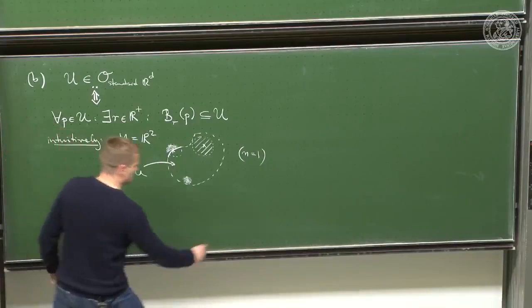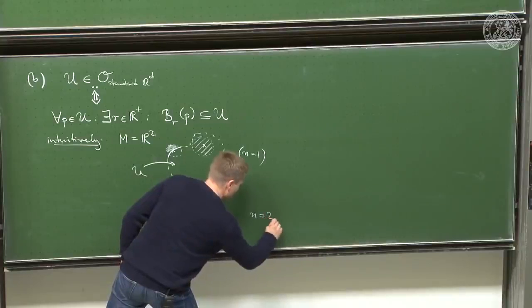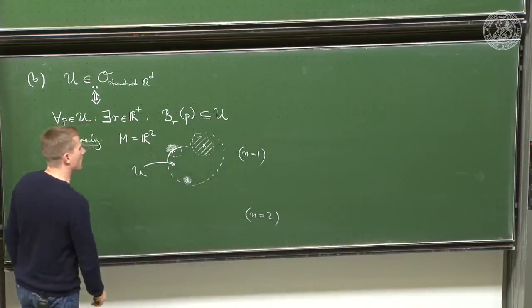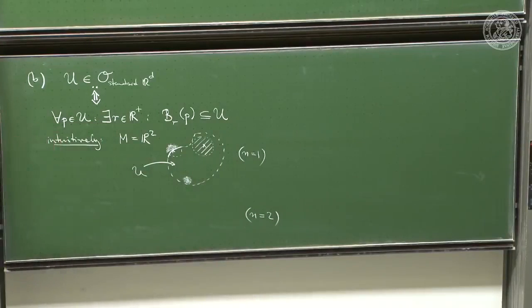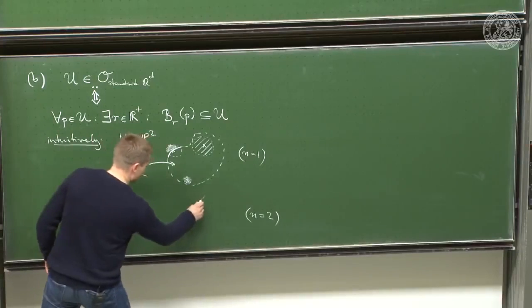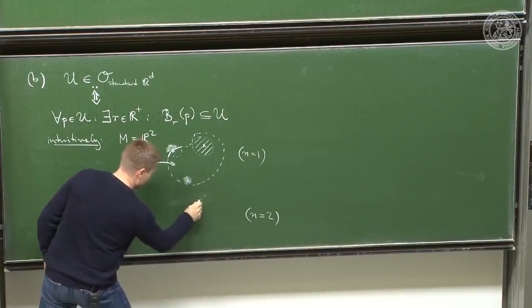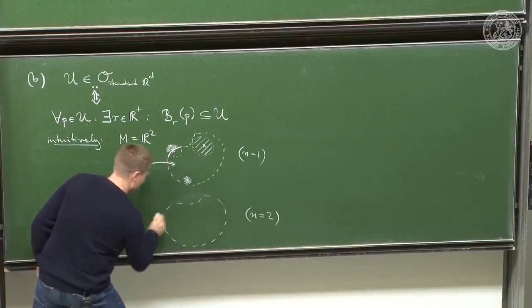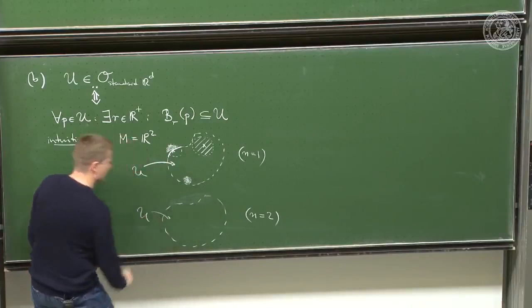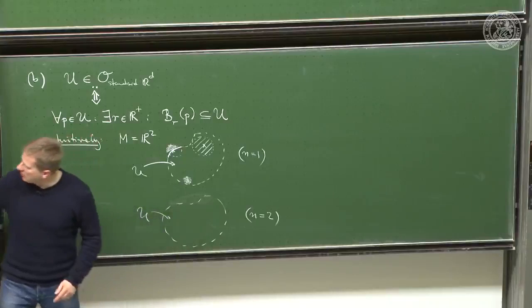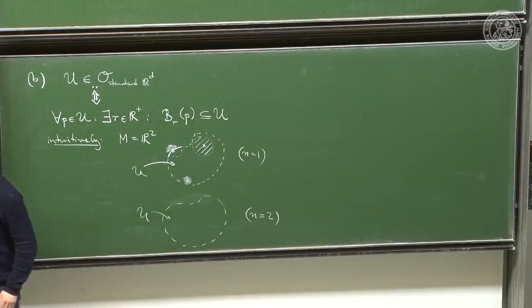Now, because it's so funny, the question is, how do the open balls in n equals 2 look? If I take the 4th power and the 4th root, that also provides a norm. You can check that. Let me draw again the set U, or some set U. That's U again, another U. Now the question is, how do the open balls for n equals 2 look?